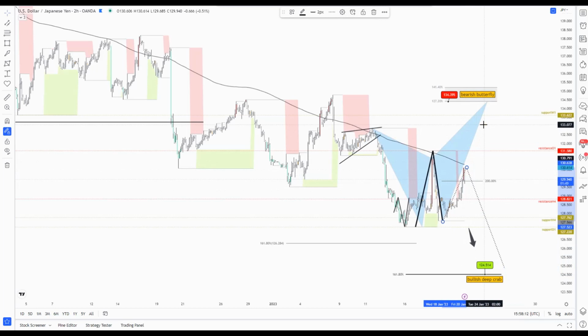What I will show you here for now is pure speculation for all the Japanese yen pairs. But taking into consideration the bearish momentum we are all facing with the Japanese pairs, dollar yen, euro yen, the pound, the Aussie, we are in a bearish momentum.